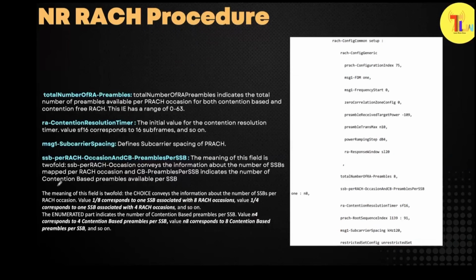The meaning of this field is two-fold. It conveys the information about the number of SSBs mapped per RACH occasion, and contention based preambles per SSB indicates the number of contention based preambles available per SSB. We will discuss with an example. I have given the example also, but we will take it up in the last.